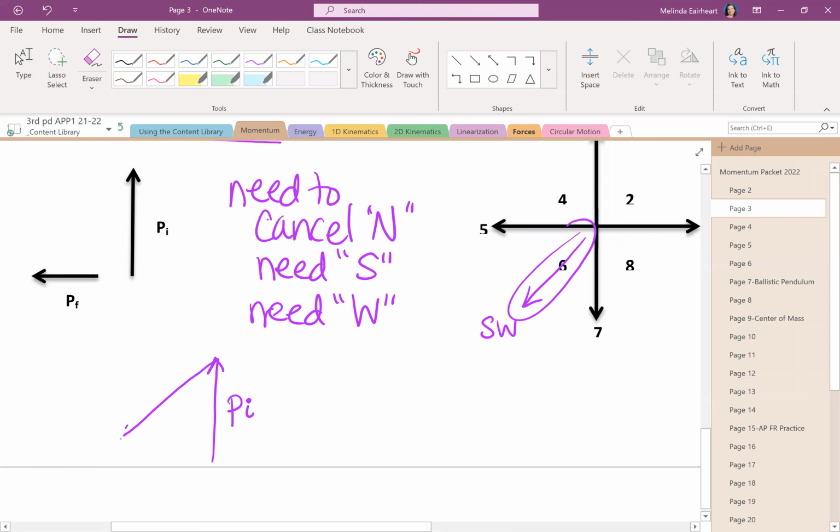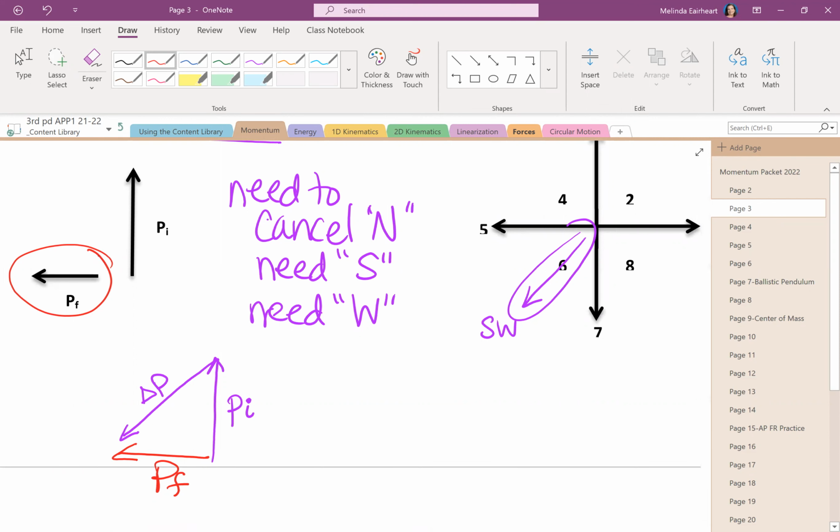Well, if we do a southwest change in momentum, then start to finish would be your final, okay? Which is what they have. So it's a little different way of approaching this vector addition, okay?